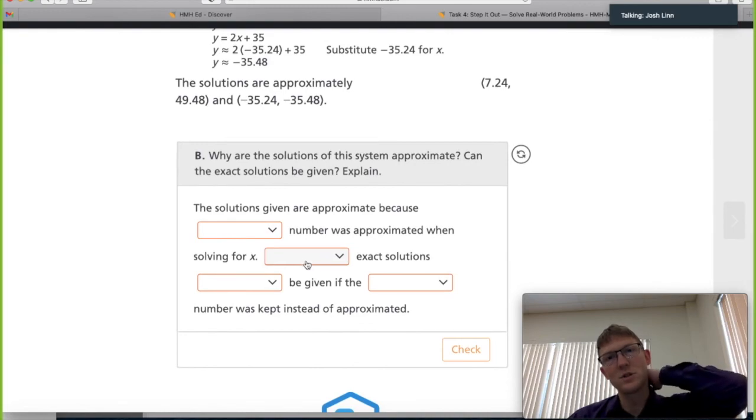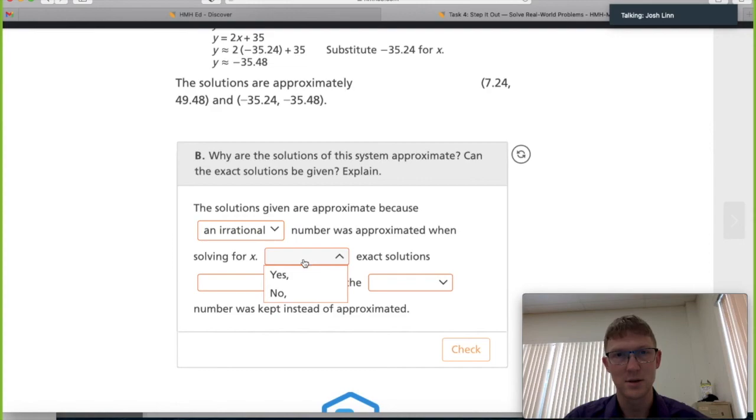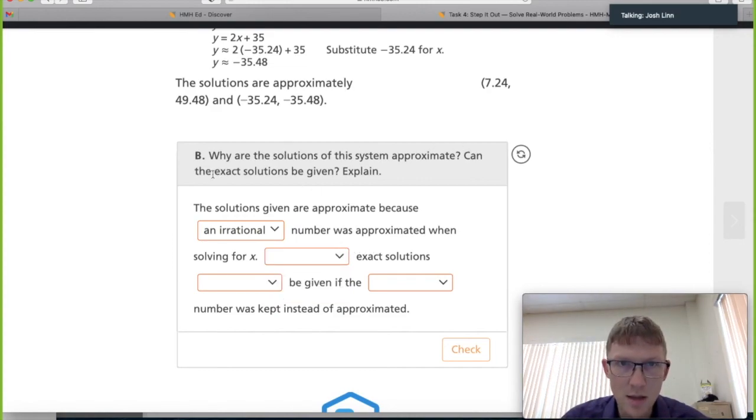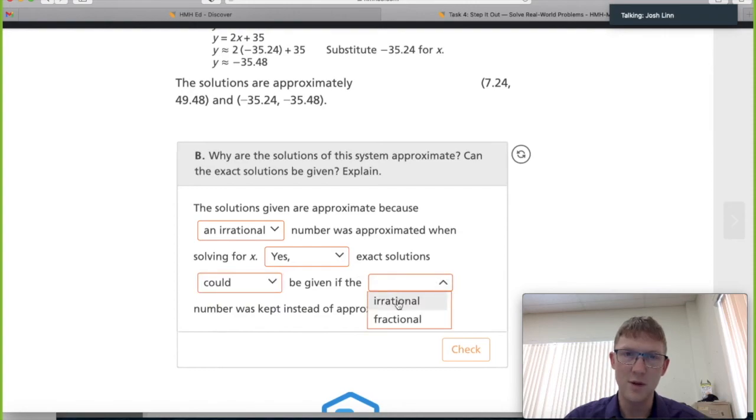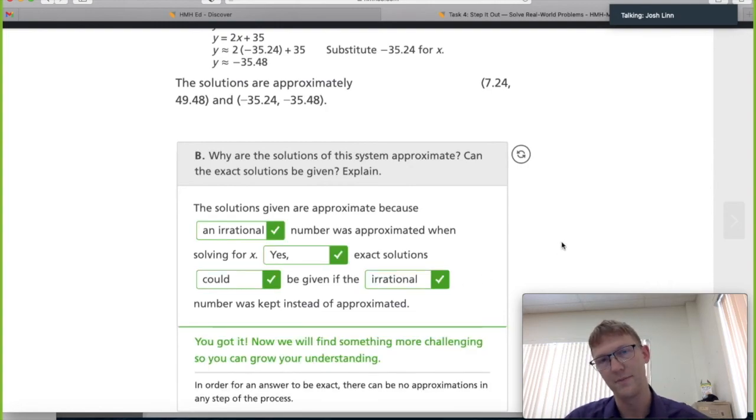So why are the solutions in the system approximate? Solutions given are approximate because an irrational number was approximated when solving for x. Can the exact solutions be given? Yes, exact solutions could be given if the irrational numbers were kept instead of approximated.